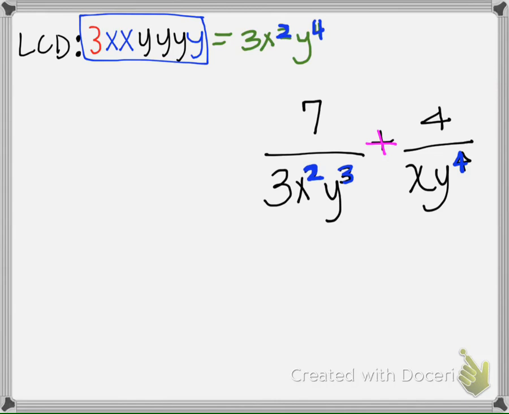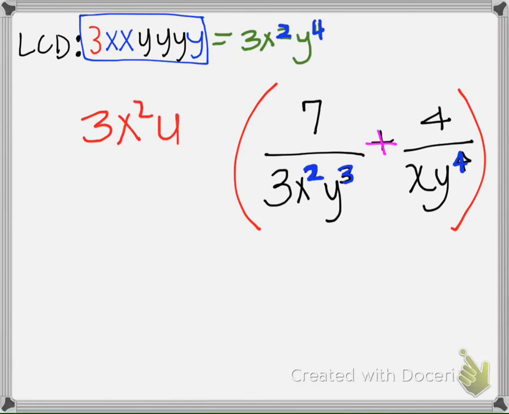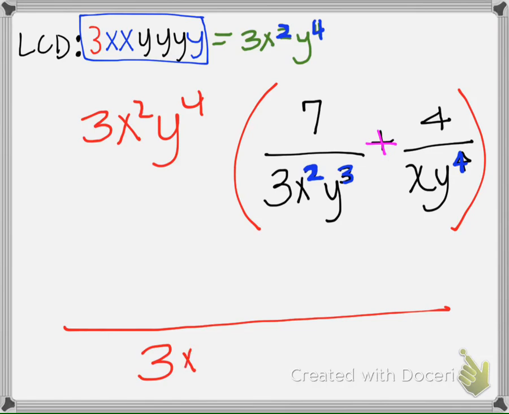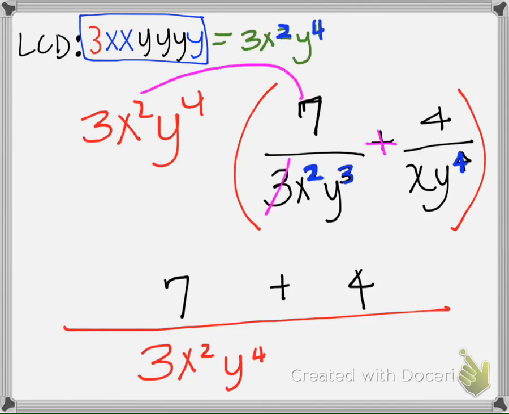So now that we have our common denominator, we're going to write that in the denominator. Then we're going to take our 7 and our 4. And now if we distribute this here, again, this 3 will cancel out with this 3.